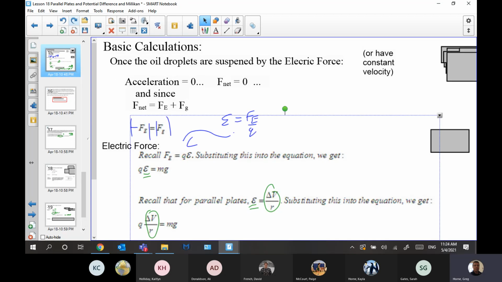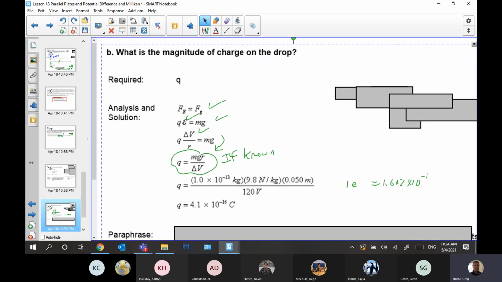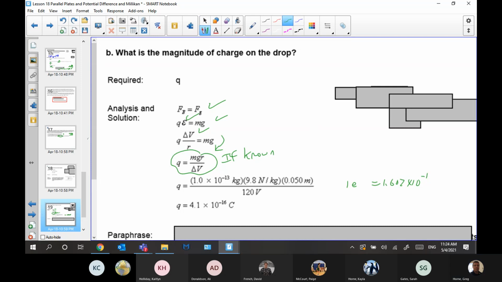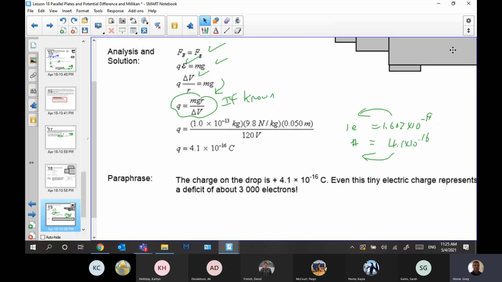Right, so we've got a ratio. And then I'm like, oh, 4.1 times 10 to the negative 16. The question is, how many electrons is it? And you're like, oh, well, I just have to divide by 1.602, right? So that's how we're going to figure out how many electrons, or how many of deficit.